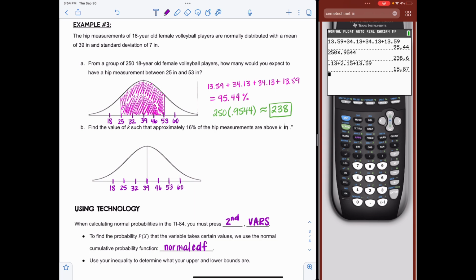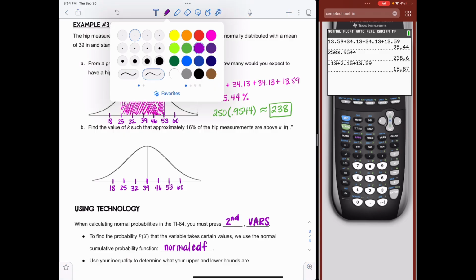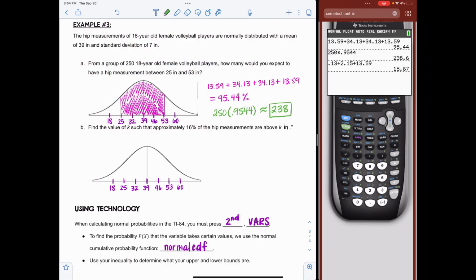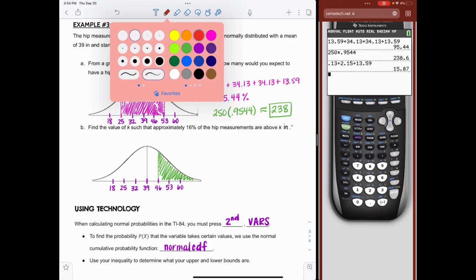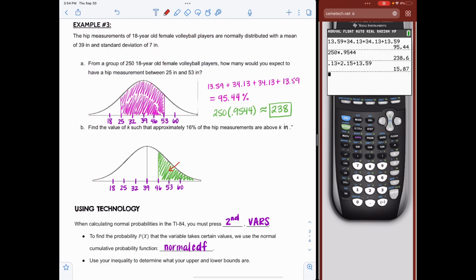Okay, so because we added those values, we should be able to tell that the probability we are speaking of here is approximately 16%, so the value of K that we will be looking at is 46 inches.